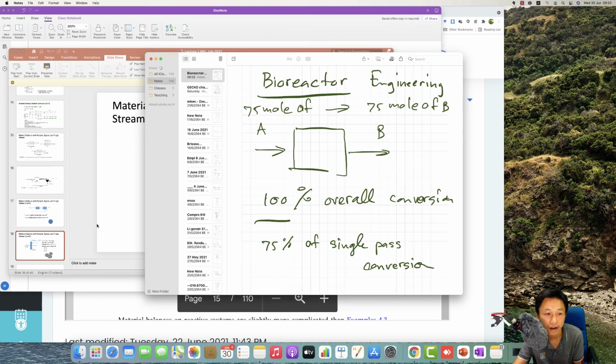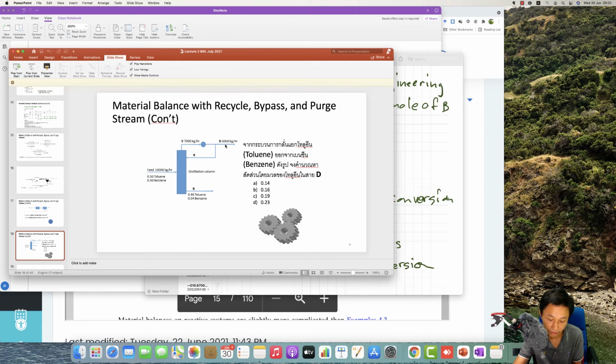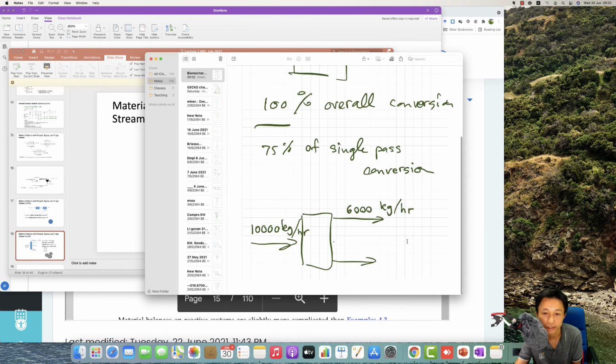And then you have 6,000 kilograms per hour at the top here. And with a simple calculation, you have 4,000 kilograms per hour at the bottom. Okay, so 6,000 kilograms here, and 4,000 kilograms here. This is the overall mass balance.